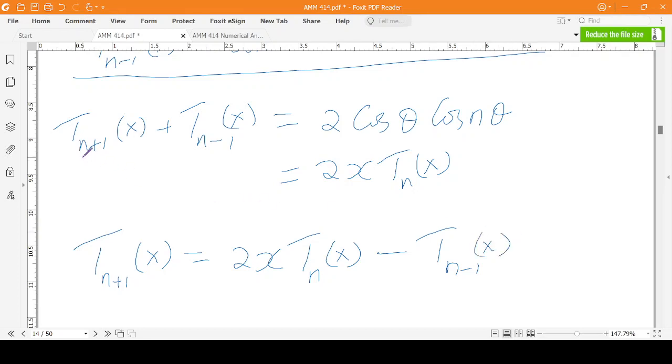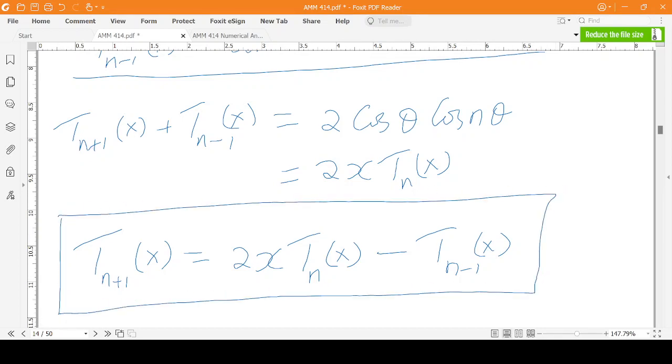So this expression here, we can use it whenever we want to find the Chebyshev polynomials to any value n, given any value n.